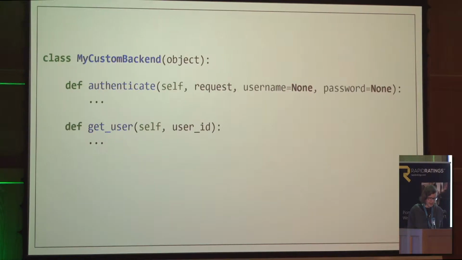But fortunately, it's really easy to create our own custom authentication backend. All we would need to do is create a new class that has those two functions I mentioned, authenticate and getUser. So from here, we can customize however we want our users to be authenticated and even put in some additional security measures as we see fit.